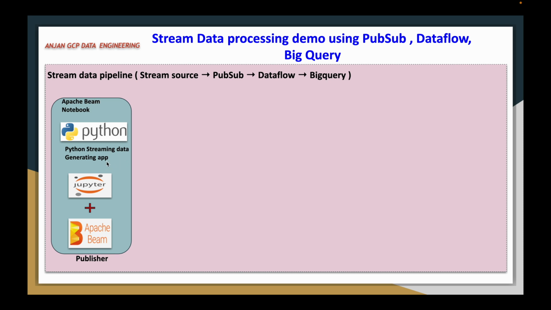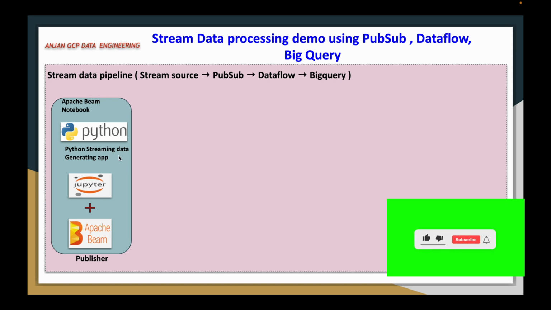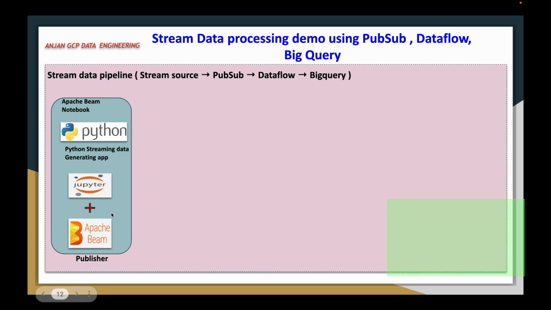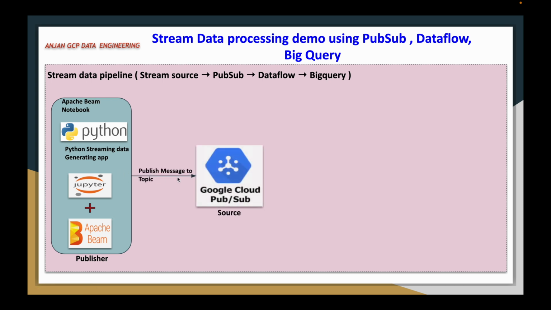Our Apache Beam Python notebook is going to act as a publisher which would publish messages in a stream manner to one of the PubSub topics which has already been created for this demo.